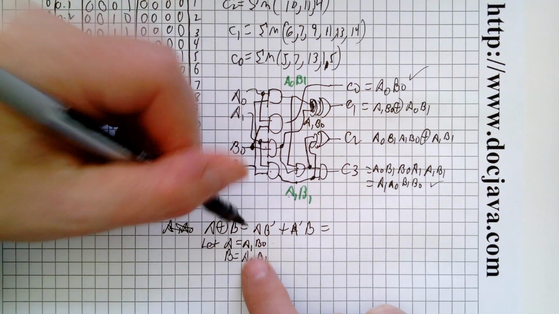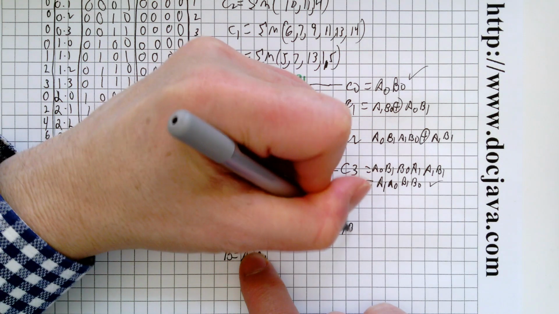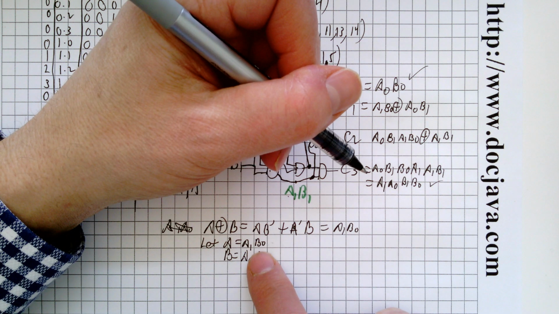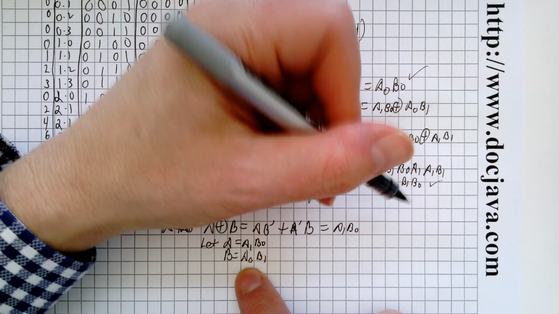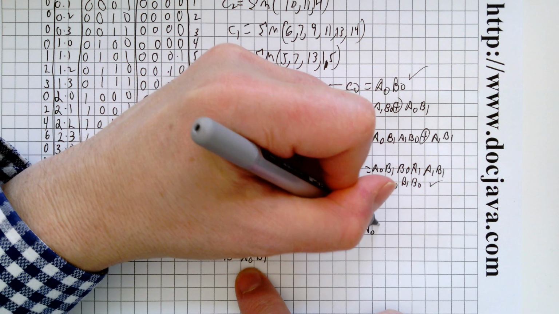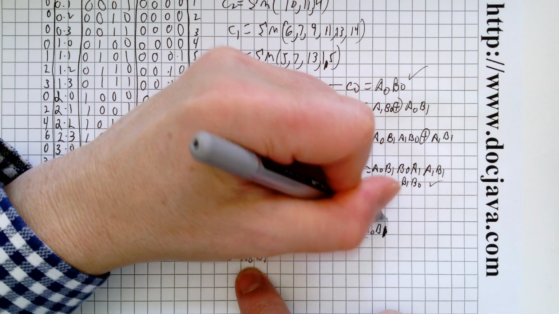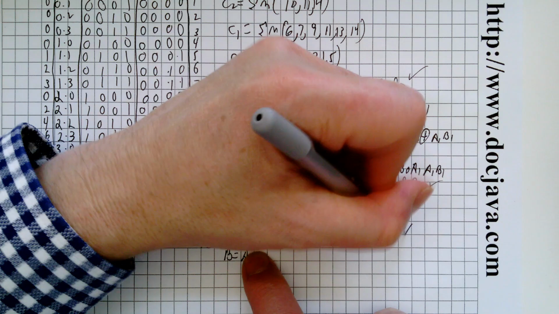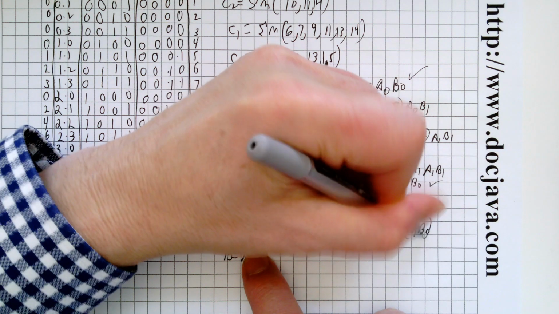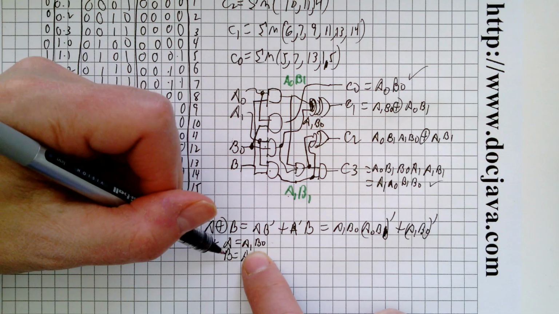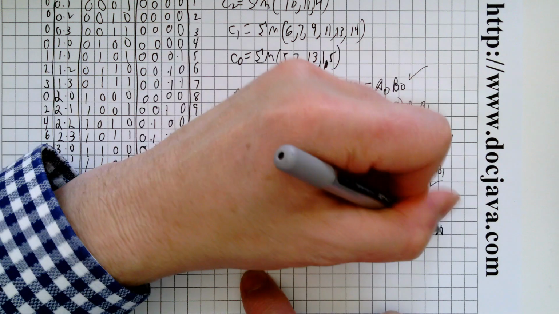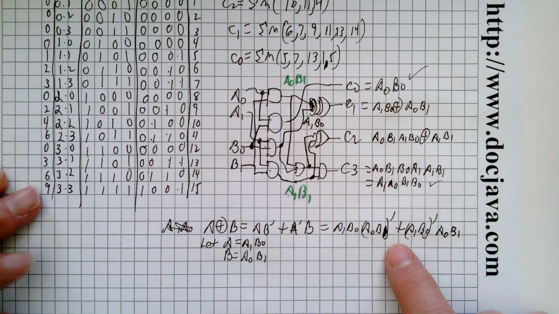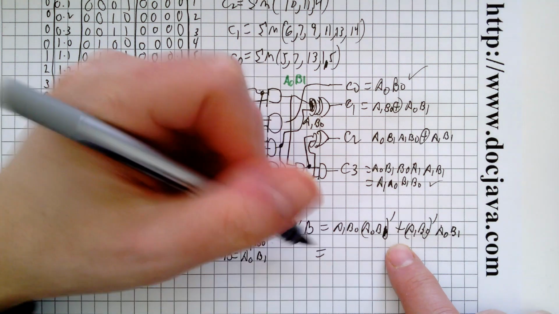And what you get is A1, B0 times A0, B1 prime, or A prime, which is A1, B0 prime times B, which is A0, B1. And then you can use De Morgan's theorem in distribution in order to get an answer.